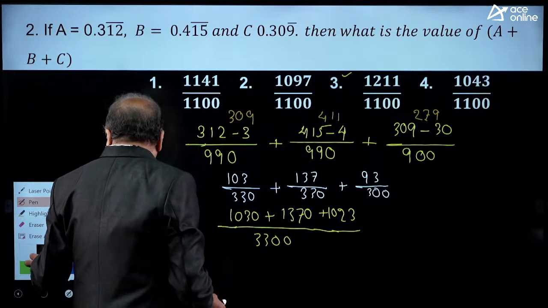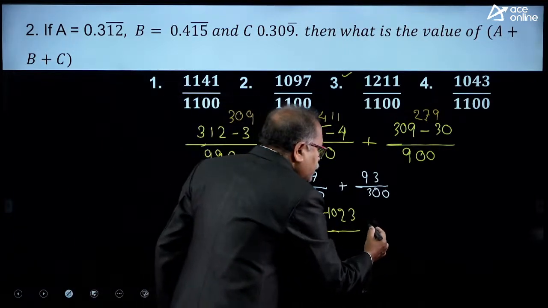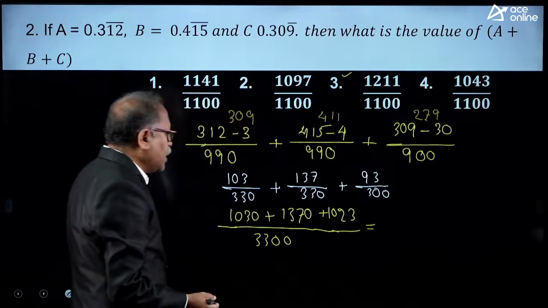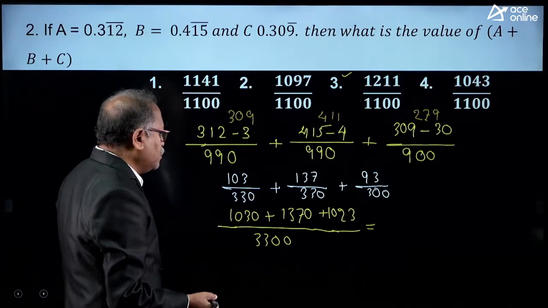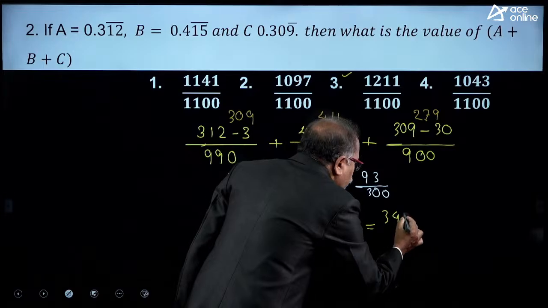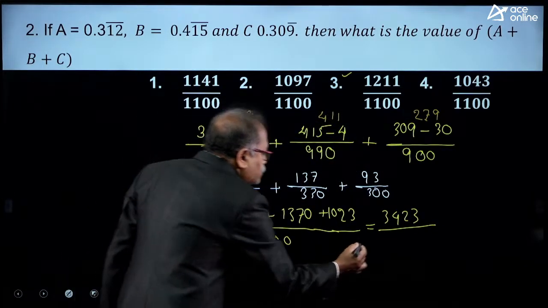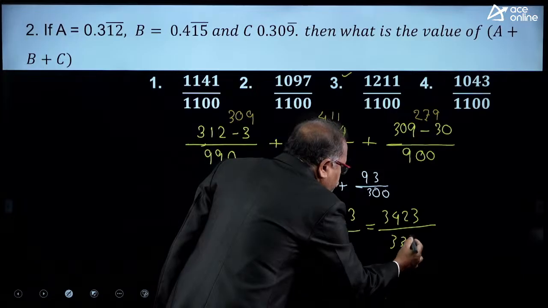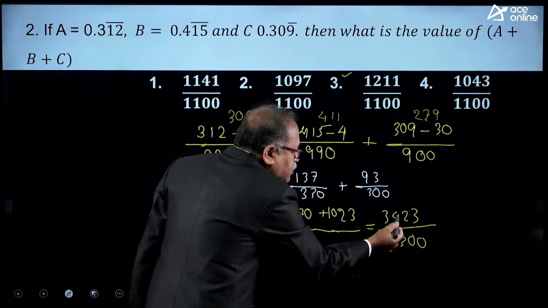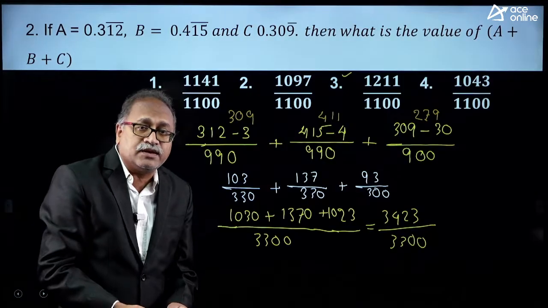Okay, anyhow, let's add up this one and all our addition. So I am getting this one as 3, 4, 2, 3. So 3, 4, 2, 3 by that comes 3,300, and you can see that there 6 is there, 3 is there, 3 is there, so it is getting cancelled by 3.